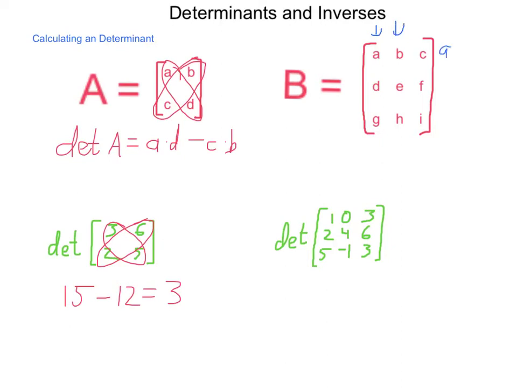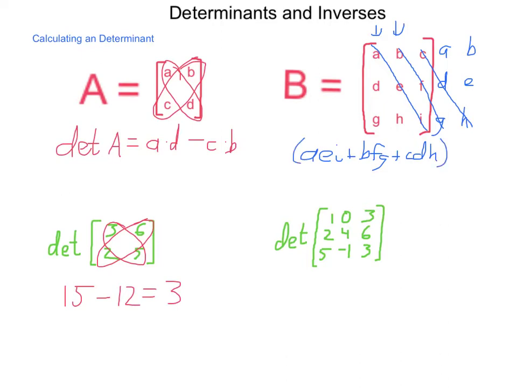So I get A, D, G, B, E, and H. Now I'm going to multiply the products for my 3 top-down diagonals, as I'll call them. So I have A, E, I plus B, F, G plus C, D, and H. I'm going to add all those together into a single sum.